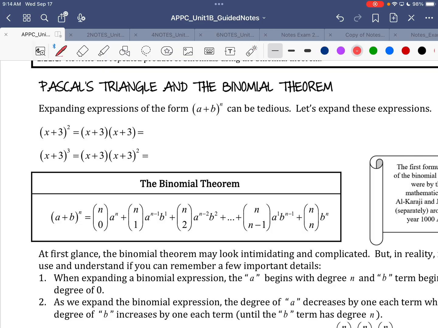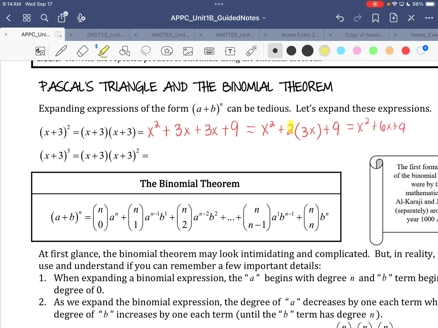When we're expanding this out, we get x squared plus 3x plus 3x plus 9, which simplifies to x squared plus 2 of the 3x's plus 9, which is really x squared plus 6x plus 9. I'm making a point for the 2 because this is going to be part of the binomial theorem.